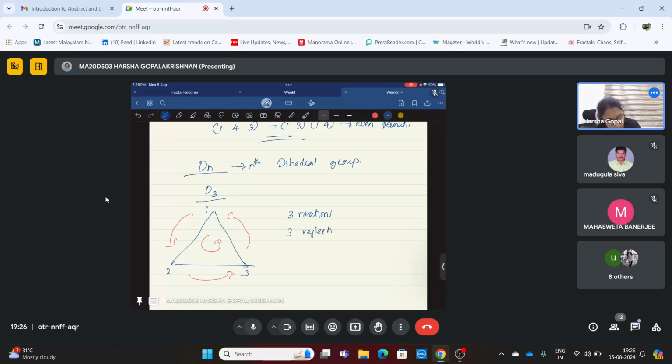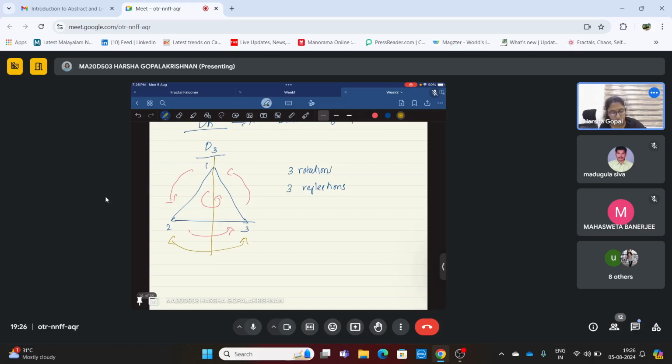Reflection means we reflect along this line. That means 1 is fixed, 1 goes to 1 only, 2 goes to 3 and 3 goes to 2. That is a reflection. So these are the 6 elements.